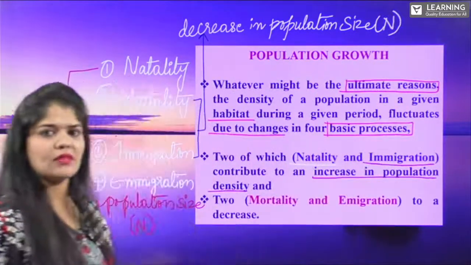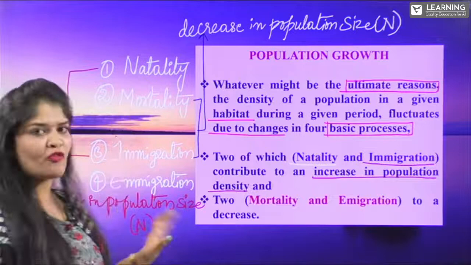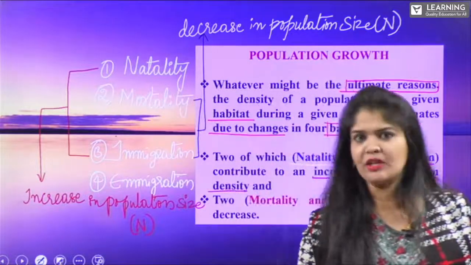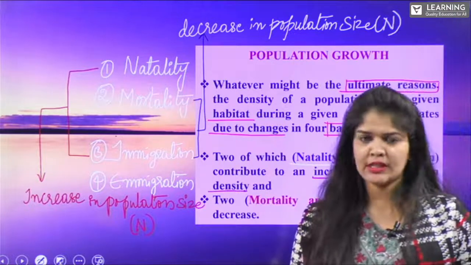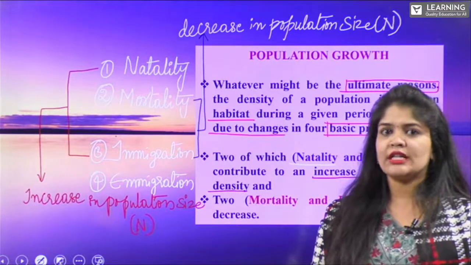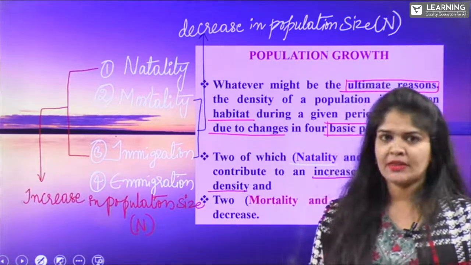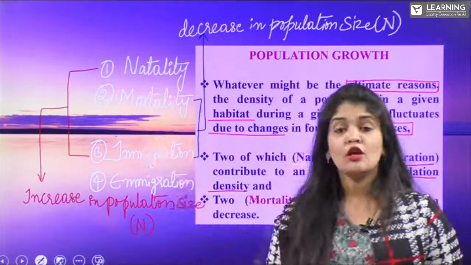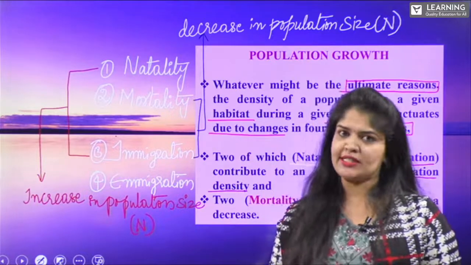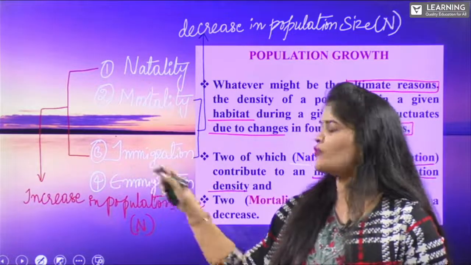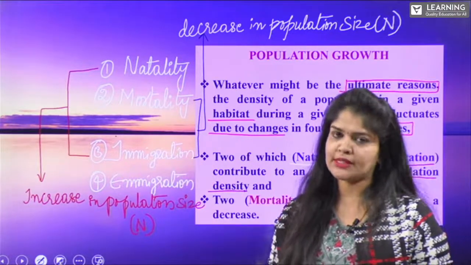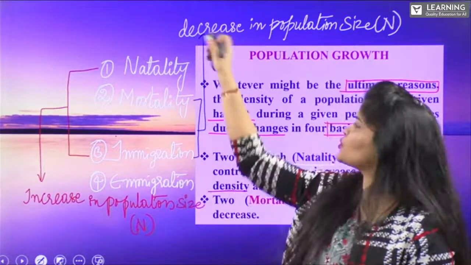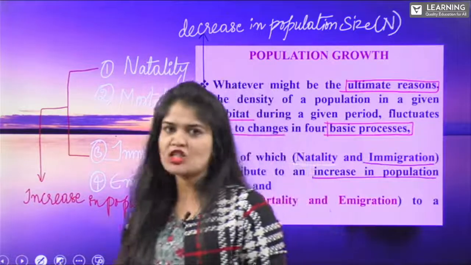So out of 4 factors, natality, mortality, immigration, emigration, these are the 4 basic processes which contribute to the change in the population size. Natality and immigration contribute to increase the population size, whereas the other 2 basic processes, mortality and emigration, contribute to decrease the population size.